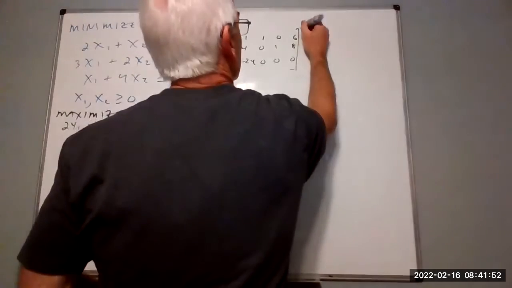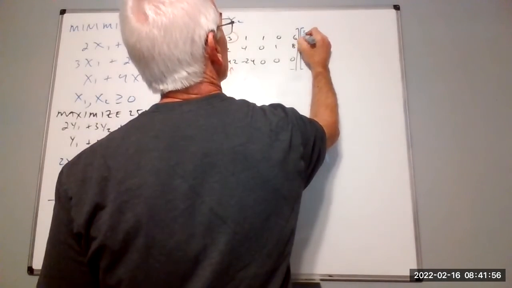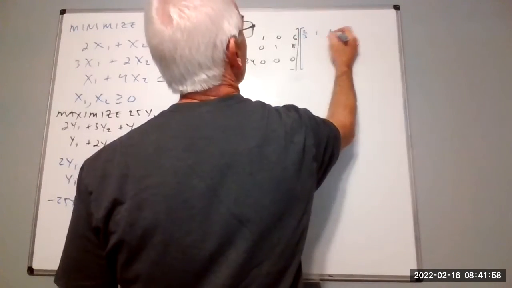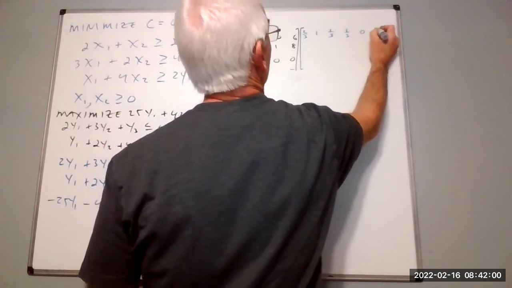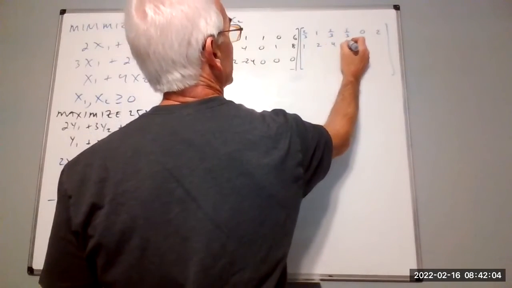All righty. So I'm going to go 1/3 of row 1. So 2/3, 1, 1/3, 1/3, 0, 2. And then everything else just goes along for the ride.